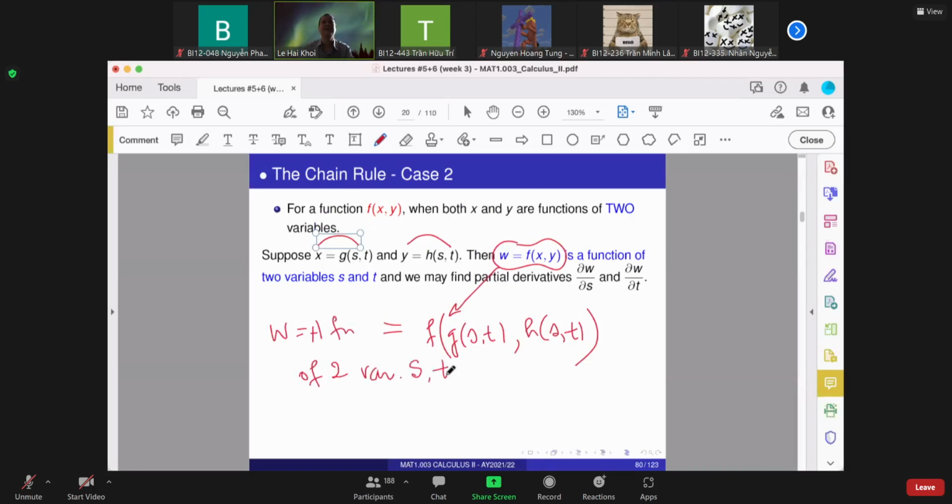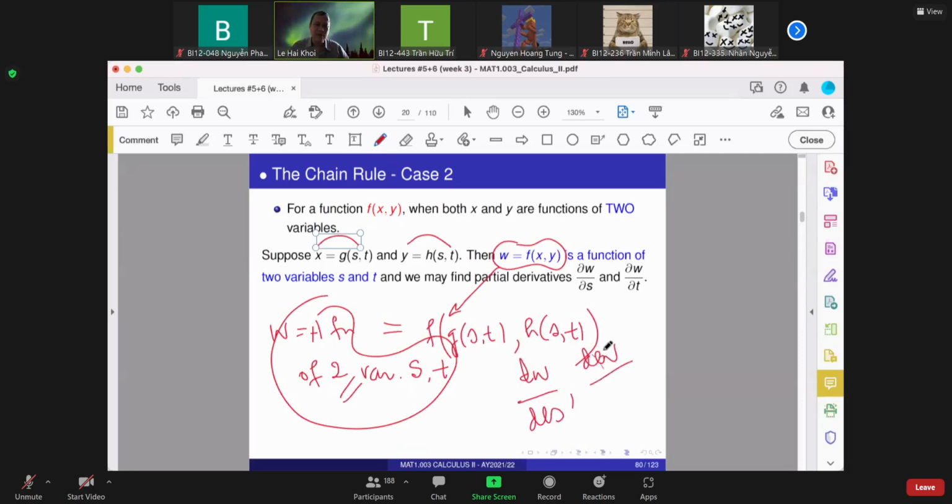s and t. So we look at this one and understand that in this case you have partial derivatives, because w is now a function of two variables. You cannot write dw over ds or dw over dt. No, this is wrong, because that normally is for a function of one variable. Instead, you have to write the partial derivative of w with respect to s and to t.